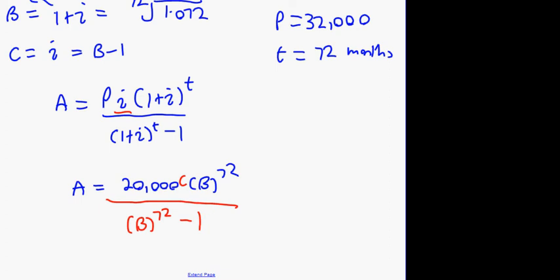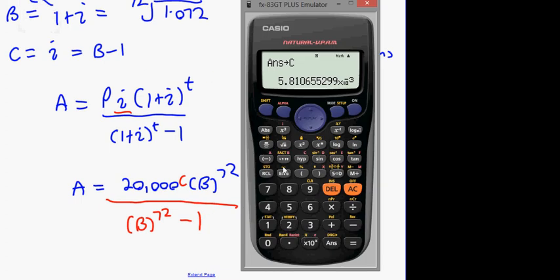So you go to the calculator and you enter your fraction button and you go 20,000, then C, then bracket B to the power of 72 divided by B to the power of 72, take away 1, 300 and should be 3.